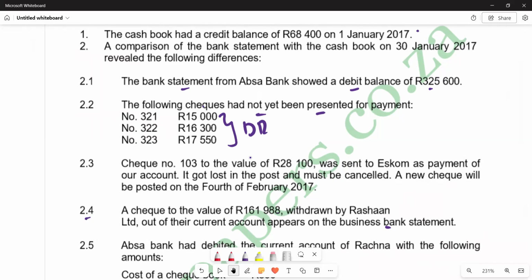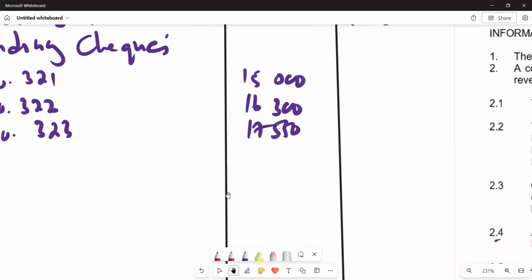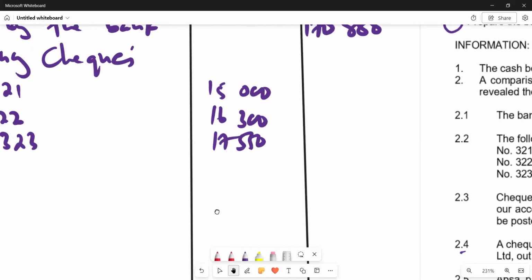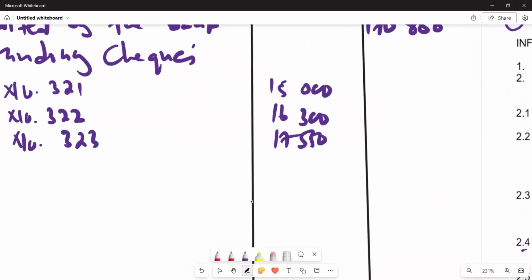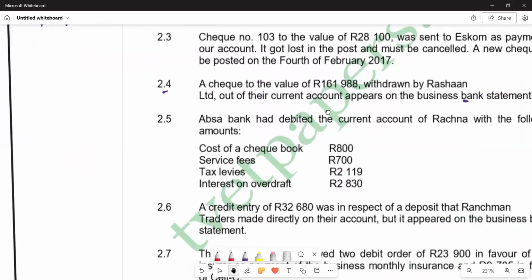We are crediting a bank error which was debited. So we go there and indicate it as credit bank error, and the amount that we have is 161,988. And then we go to the transaction after that.